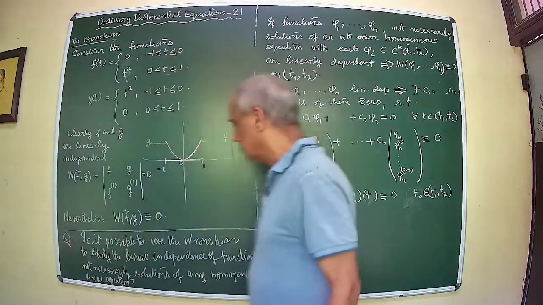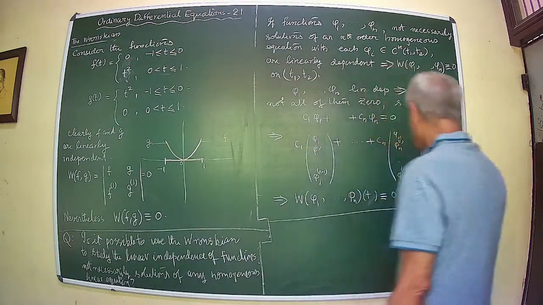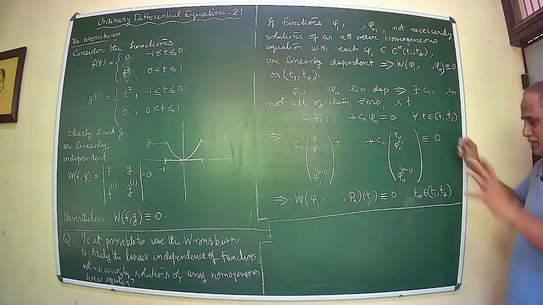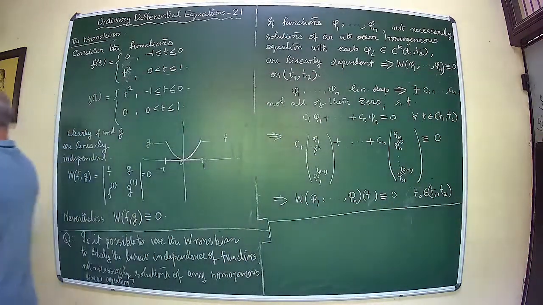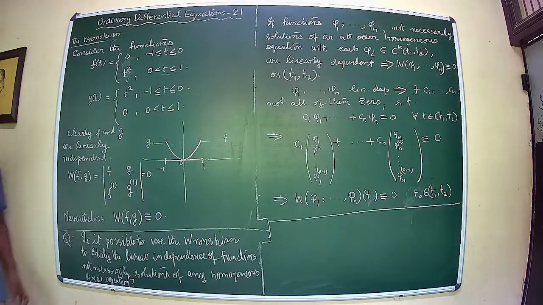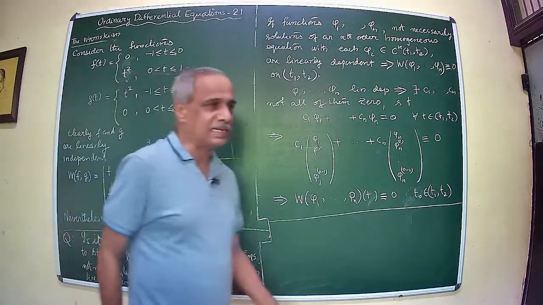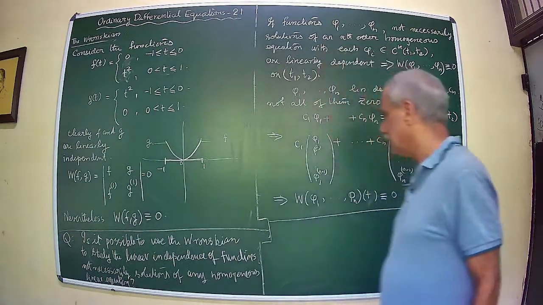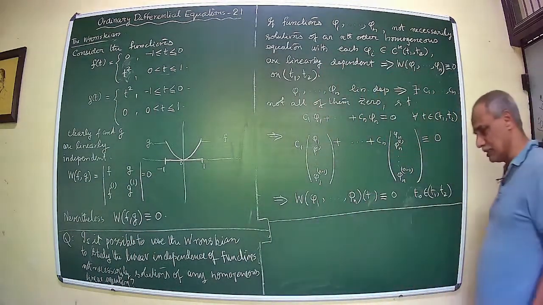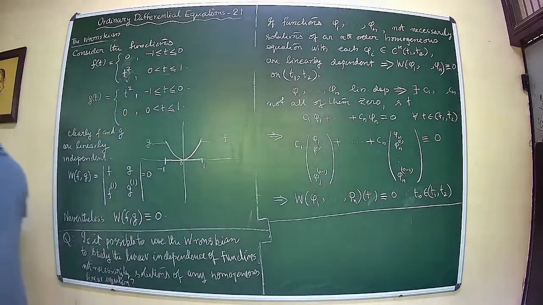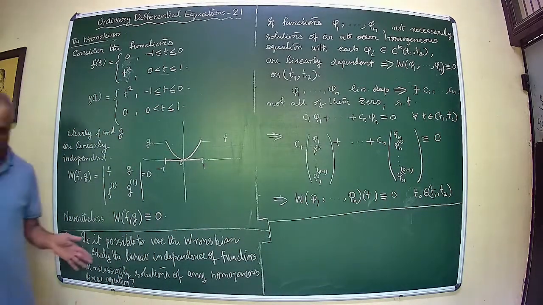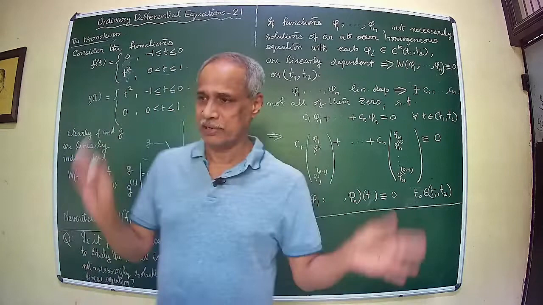Okay, right? So you see that the fact that the functions are also solutions of the homogeneous equation strengthens this, and this Wronskian would completely tell you what exactly is the nature of these functions. They are linearly independent or they are linearly dependent.